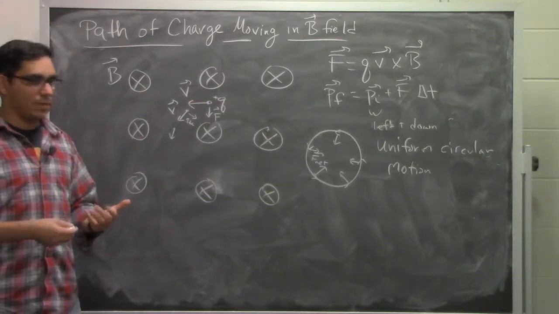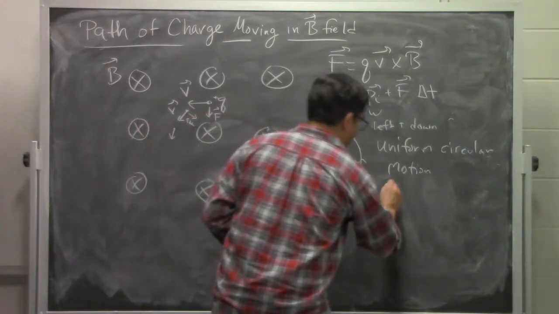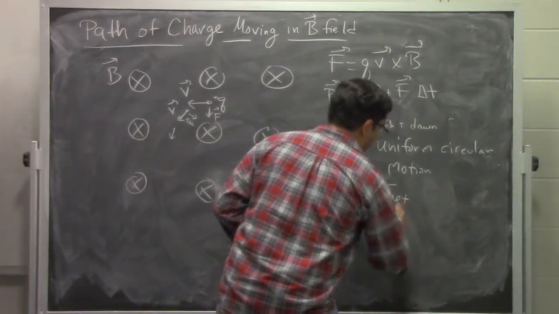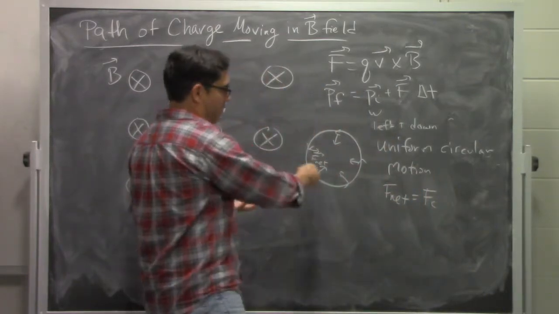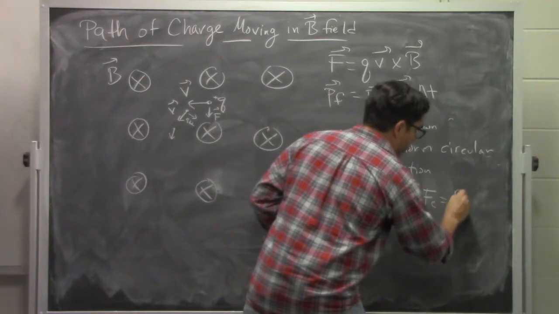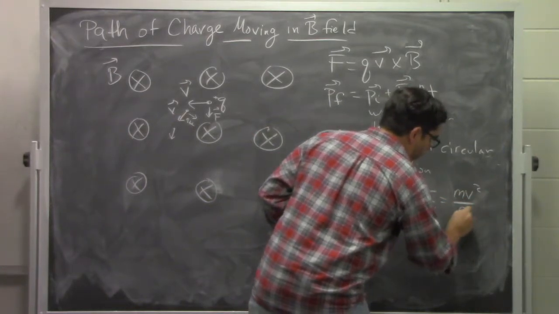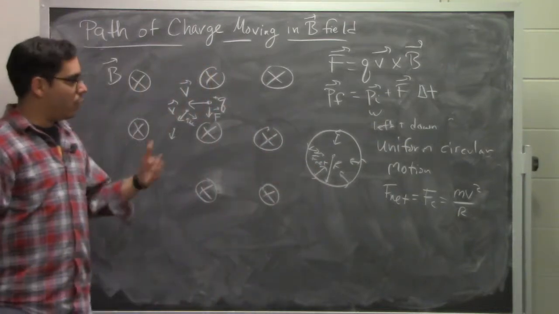It's not the real force, but it's a model for how the net force works. And as a reminder, the magnitude of that net force in the centripetal case, where the force is perpendicular to the velocity everywhere, looks like mv squared over r, where r is the radius of this orbit, right?